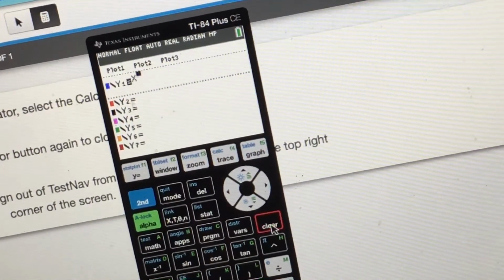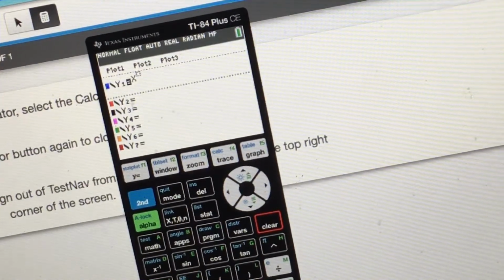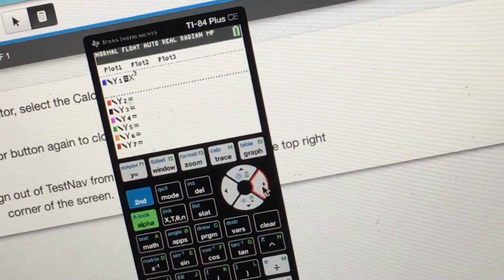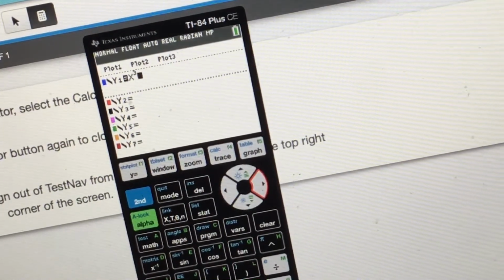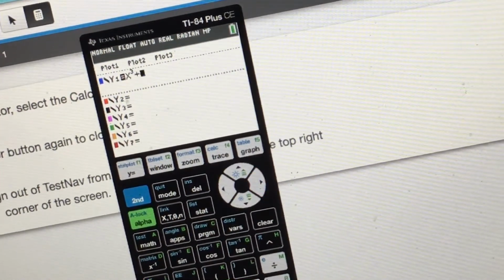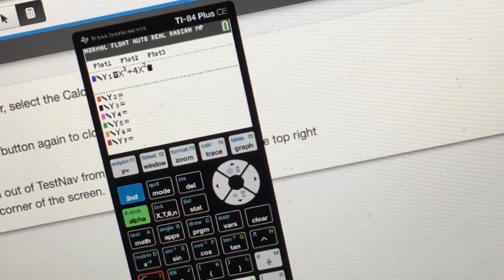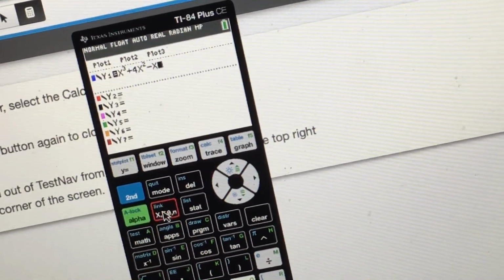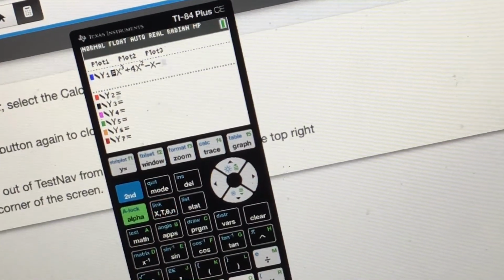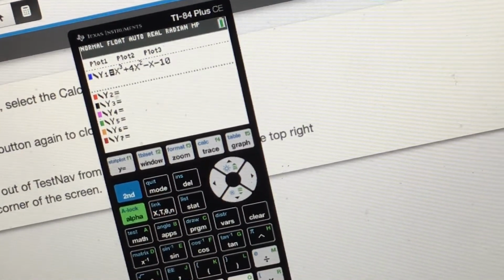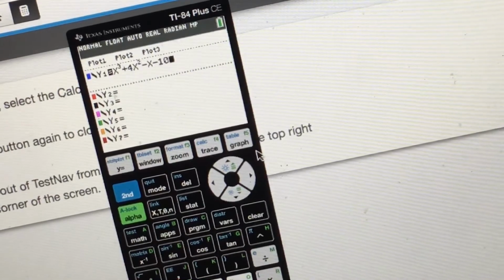I'm going to try this again. So I have x to the 3rd, right arrow to get that cursor down, plus 4x squared minus x minus 10. Okay, and we're going to hit graph.